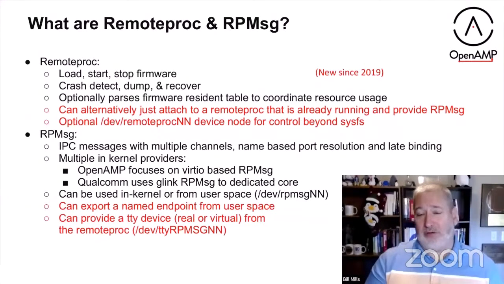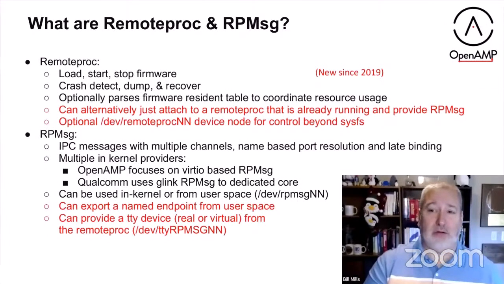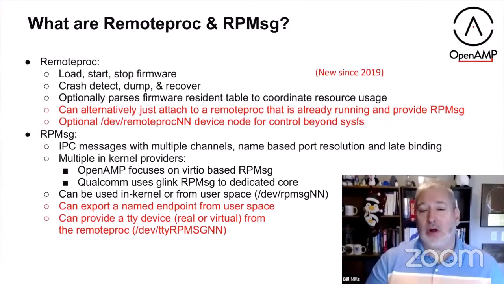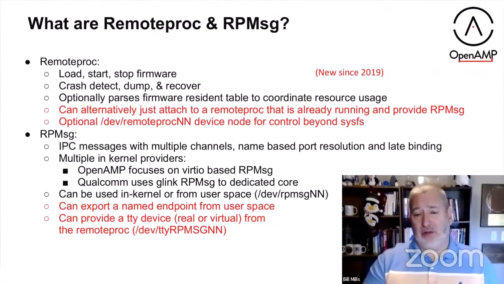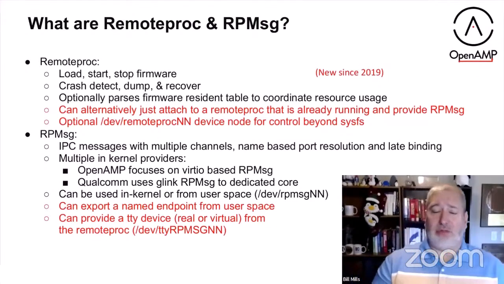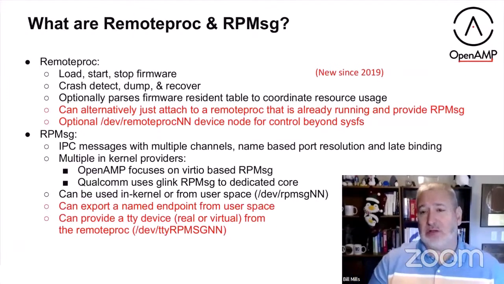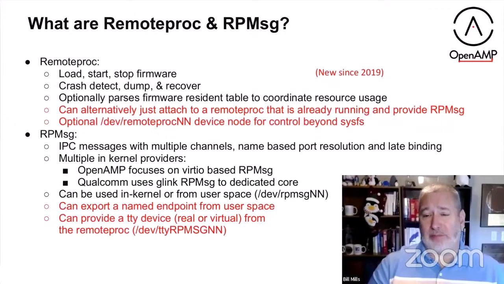This is important if you needed to start that remote processor early for a boot latency requirement, or the remote processor is a safety function and the kernel needs to be hands-off. So this capability is important for those kinds of situations. This is not a new facility. It has existed before in vendor SDKs, but getting this upstream happened in the past 3 years. So it is relatively new from an upstream point of view.